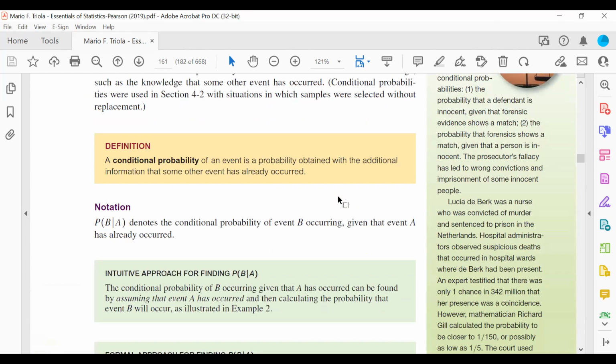The definition of conditional probability is a probability obtained with the additional information that some other event has already occurred. And the notation for it is B/A, not divide, but B/A.